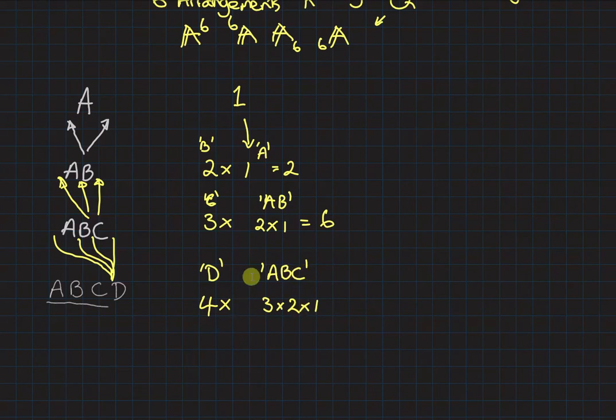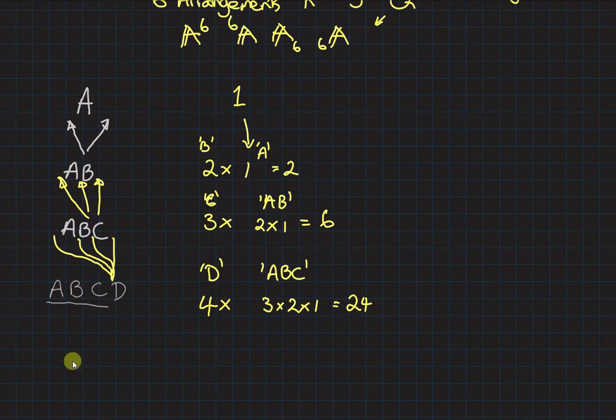So by combining these 2 things together, what I've actually combined is the 4 places D could be, and then the different arrangements of A, B and C. And the effect of that is I could have 24 different ways of arranging A, B, C and D.